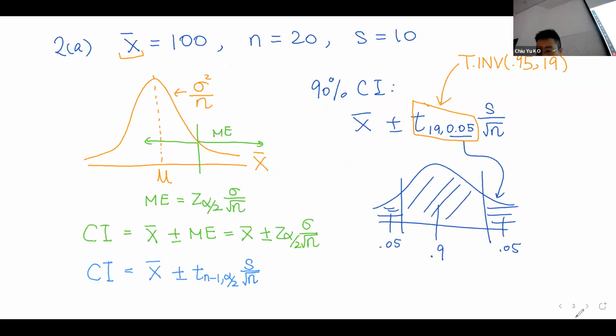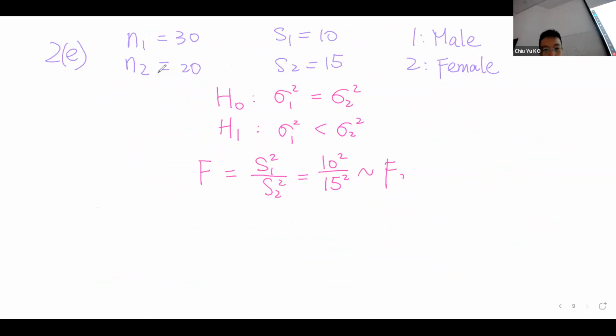N is 20 and 30. Then I check 19, 29. So this number is 2 over 3 squared, so it's 4 over 9, which is 0.44444444.